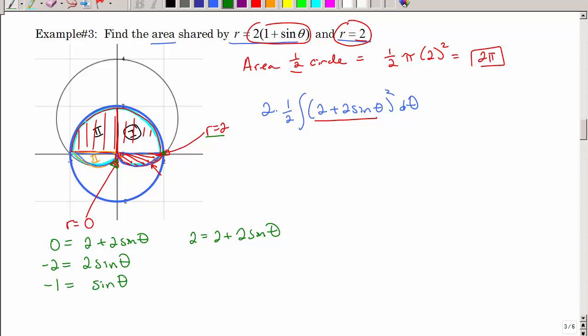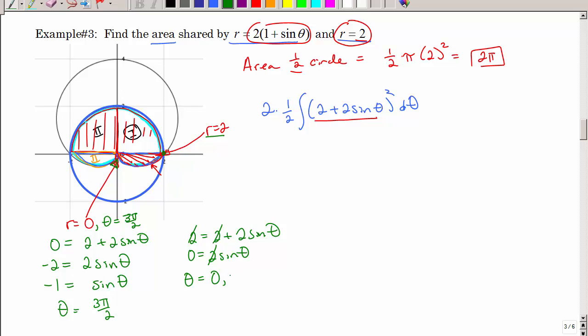Okay, so hopefully you should have gotten for this first one, when does the sine of theta equal -1? Well, at 3 pi over 2. So this point could be the point when r is 0, theta is 3 pi over 2. What about on the next one? Again, you subtract 2, you divide by 2, and you say, okay, when does the sine of theta equal 0?